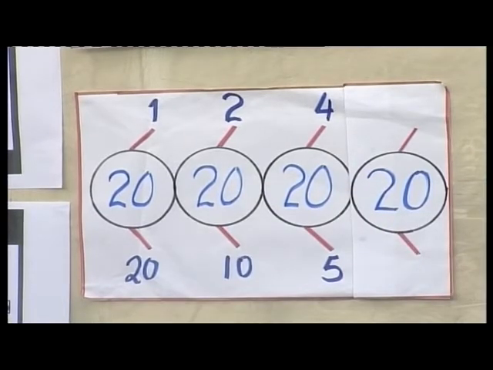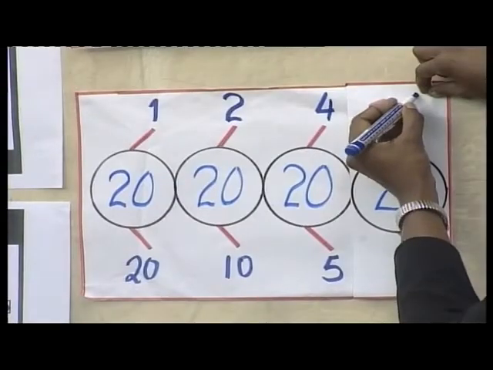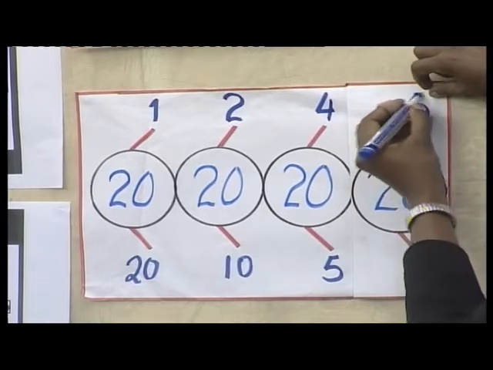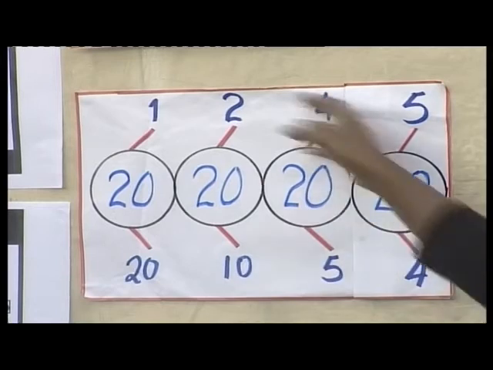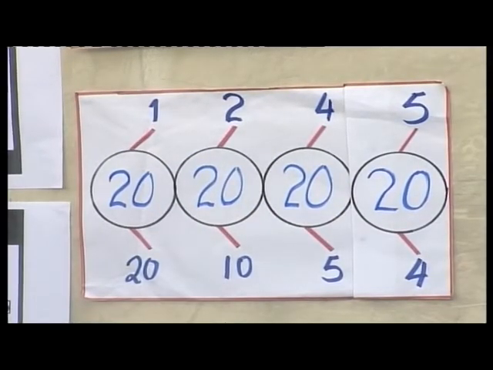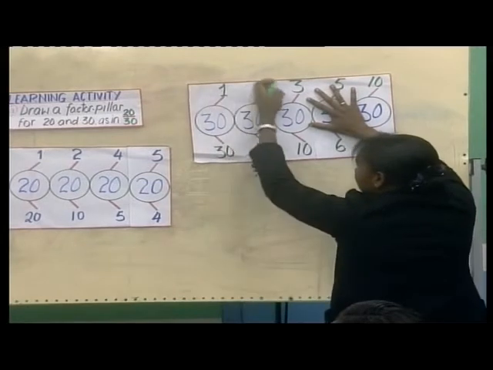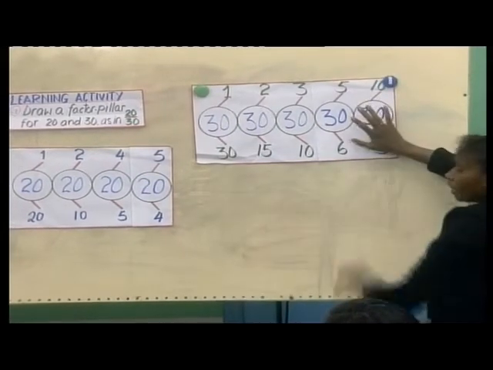Lorraine? 5 times 4 is equals to 20. So these are the factors of 20 using a factor pair. We will continue completing the factor pair for 30. So we have 20 and now we have 30 is already here.